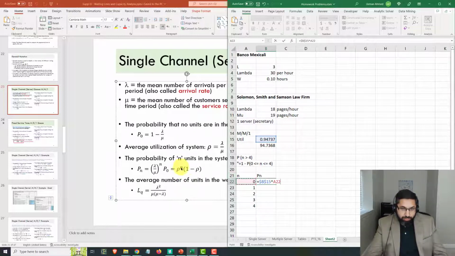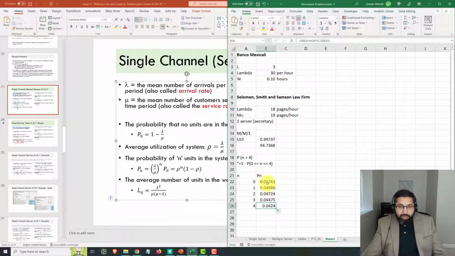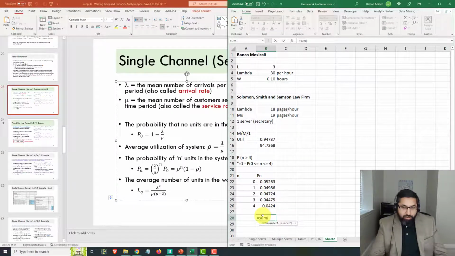That's rho raised to power n, multiplied by 1 minus the utilization. I'm putting the $ sign, so when I drag the formula down, the utilization cell remains locked and the red cell moves down to pick the right value of n. So the probability that there are between 0 and 4 documents in the system will be the sum of all these individual Pn probabilities.